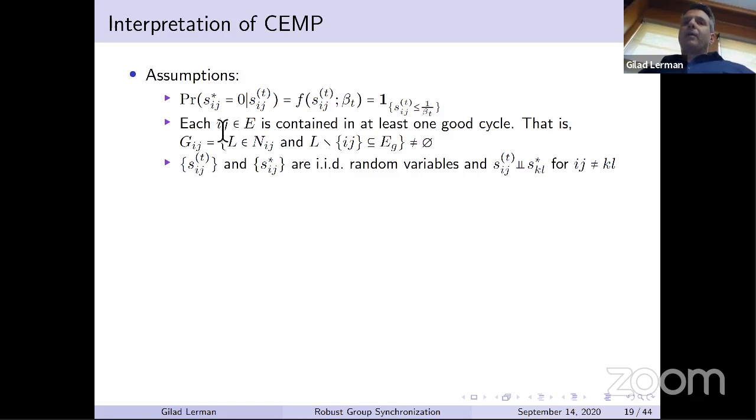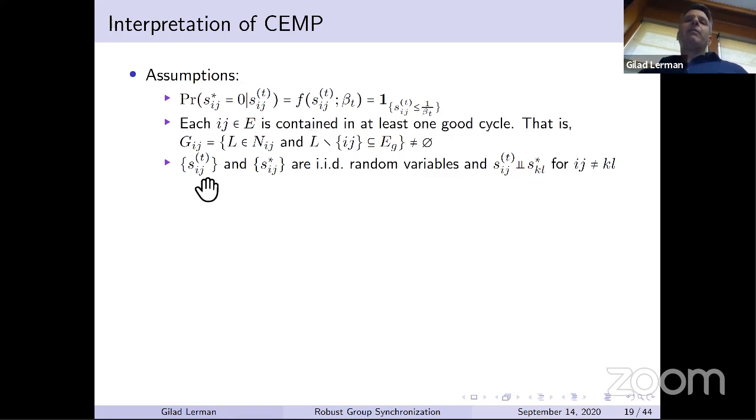So here, we assume that our reweighting function, and let's from now on, at least for the theory part, assume that the reweighting function is the hard thresholding one, is the probability of having no corruption given the estimates of the corruption levels at iteration t. Also, let's assume that each node has at least one good cycle.